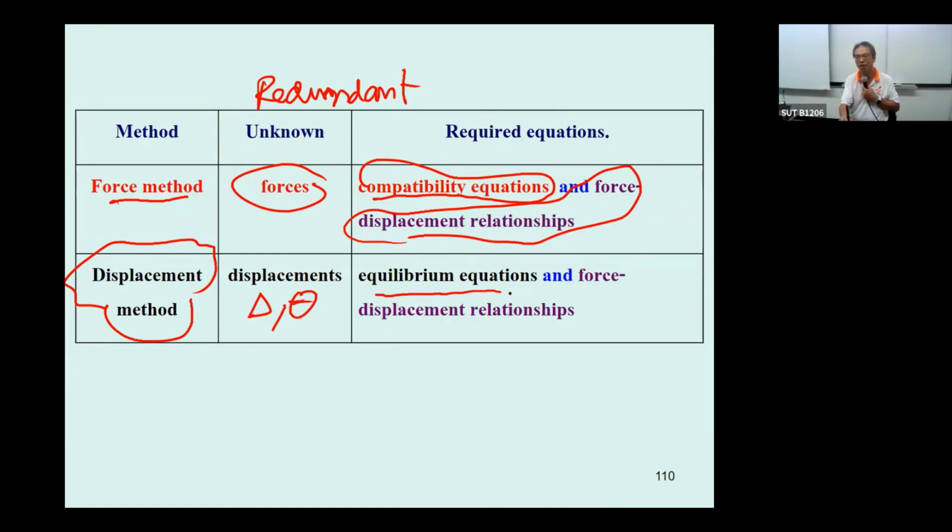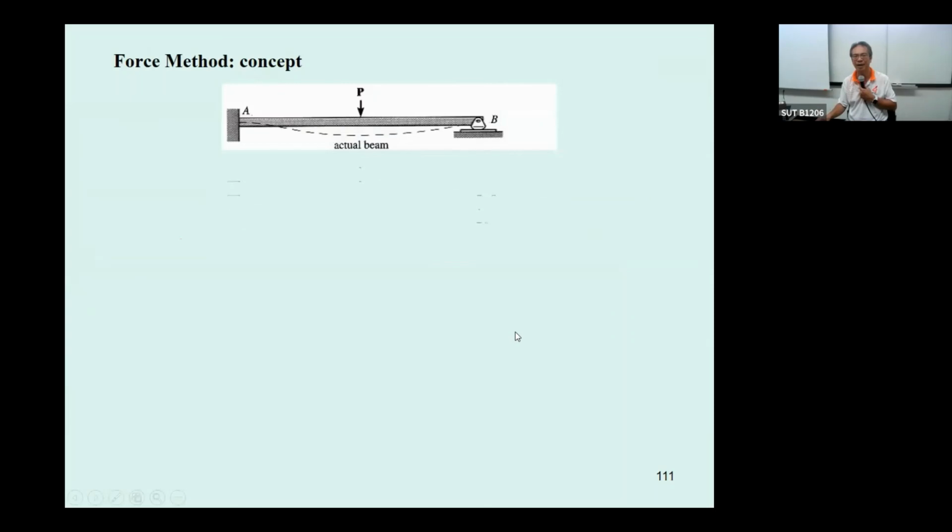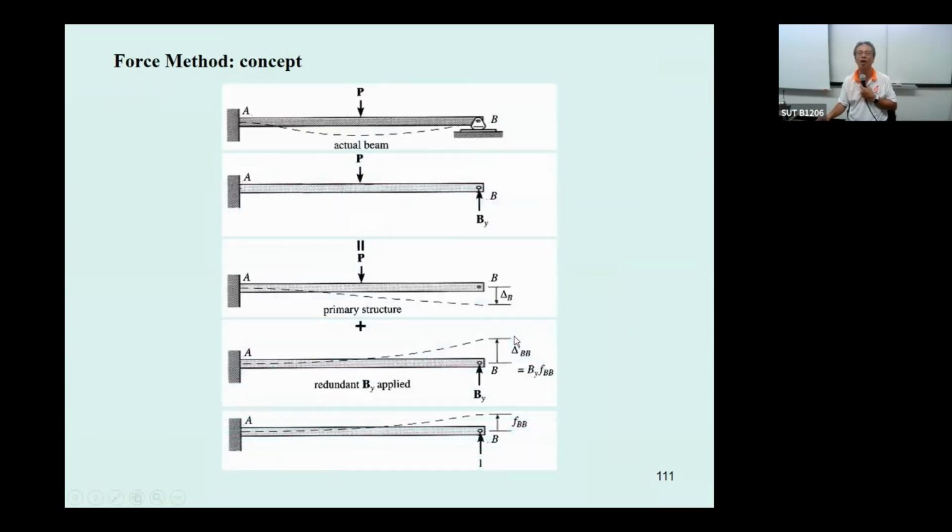The equation that we use to help us is the equilibrium equation, and also the force displacement relationship. You have to study and remember this table. And for this force method also, please go back to chapter 8 and review it. This is going to be the basis of our next chapter.